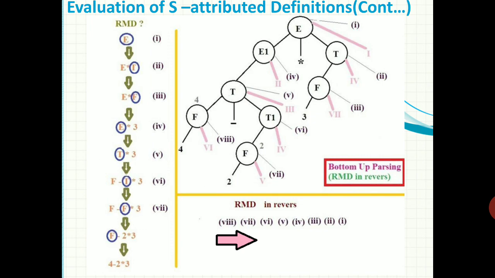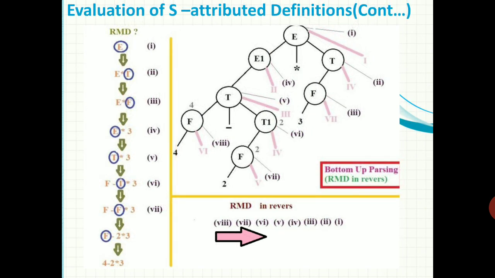Then the next step is 6. So the value of 3 is assigned to the non-terminal F. Then the next step is 5. So the value is assigned here. We can see that the value of 2 is assigned here.